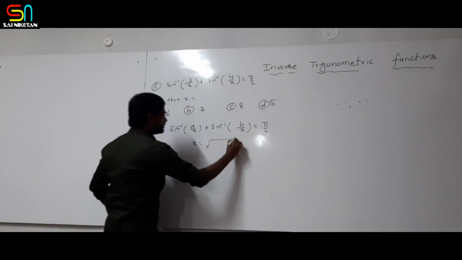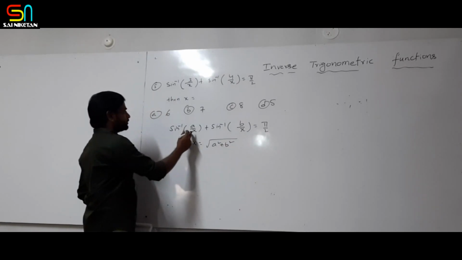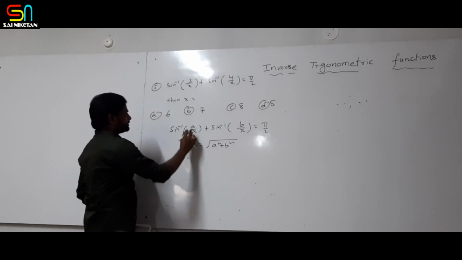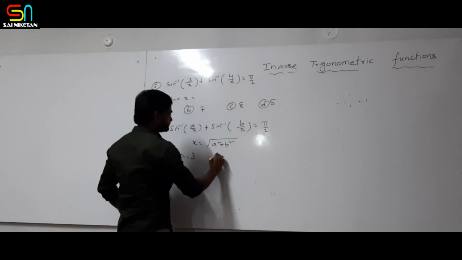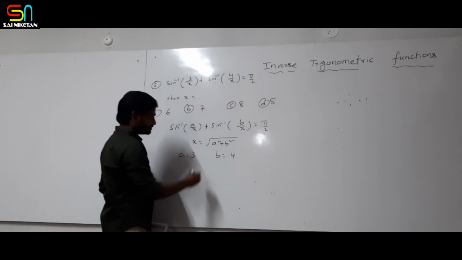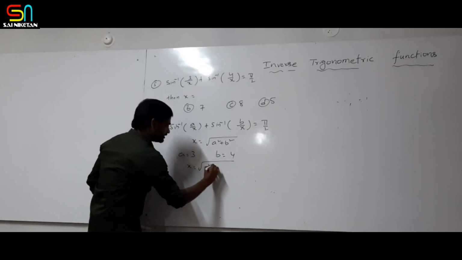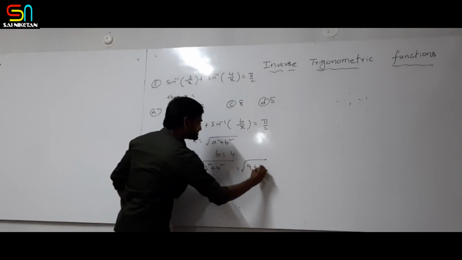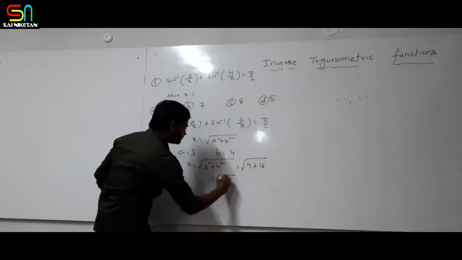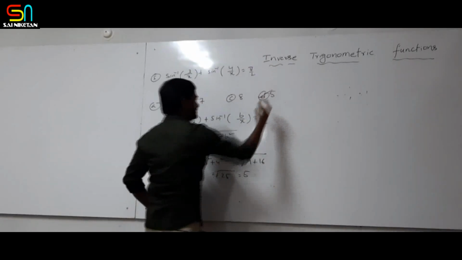Directly that is root of a square plus b square. Now compare here, what is the a value? Here a value is 3. Now what is the b value? The b value is 4. Now substitute here, x equals root of 3 square plus 4 square, that is 9 plus 16, that is root of 25. It is 5. The option is D.